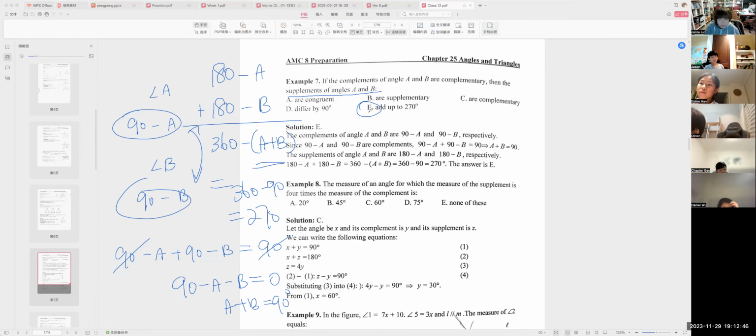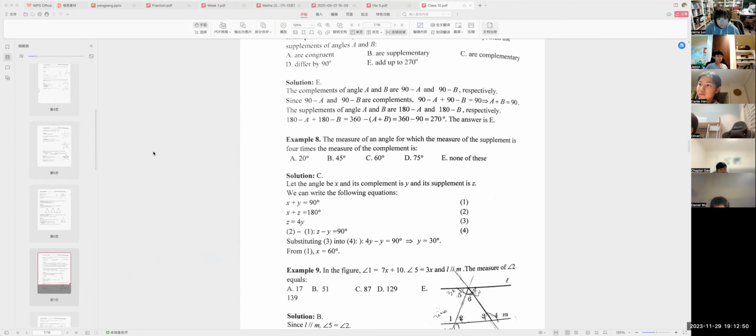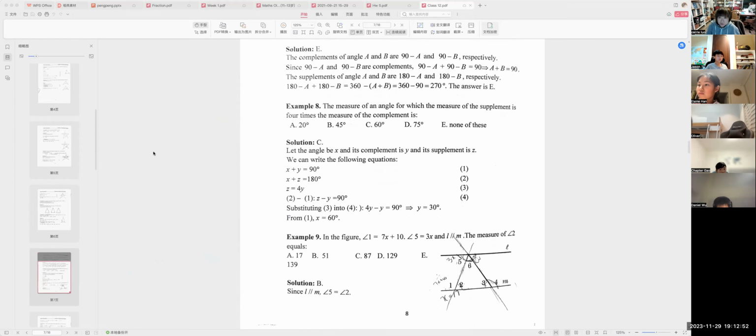Okay, so let's take a look at the next one. The measure of an angle for which the measure of a supplement is 4 times the measure of the complement is 45. Sorry, is what? I don't know, okay? So how do we do it?